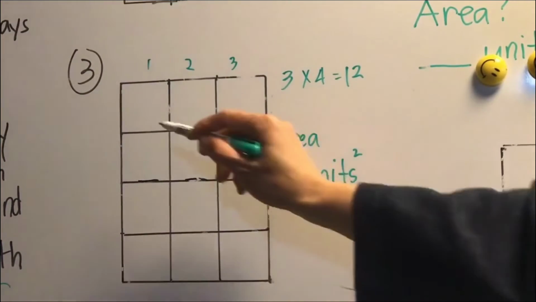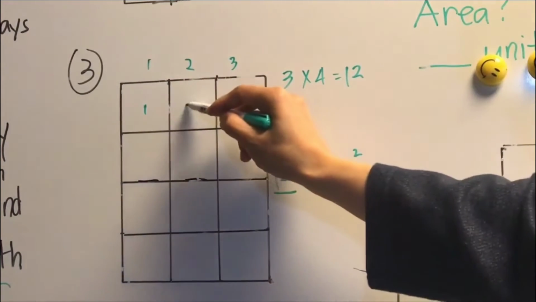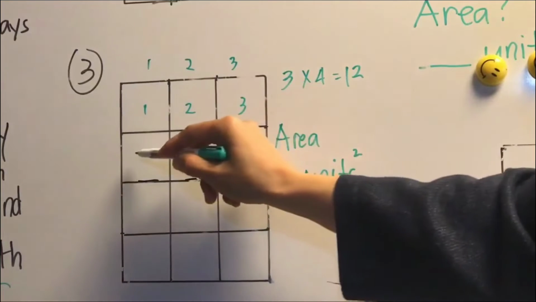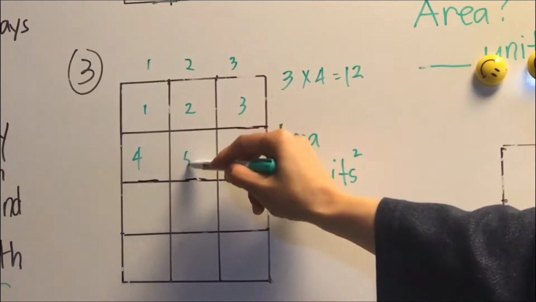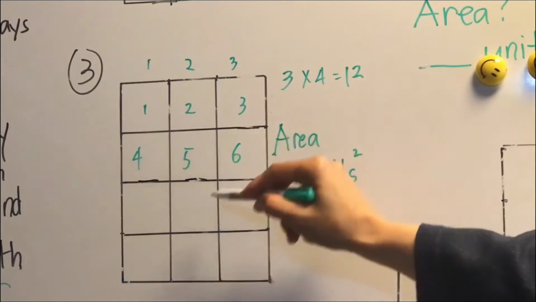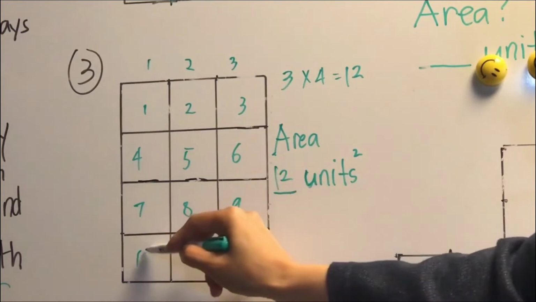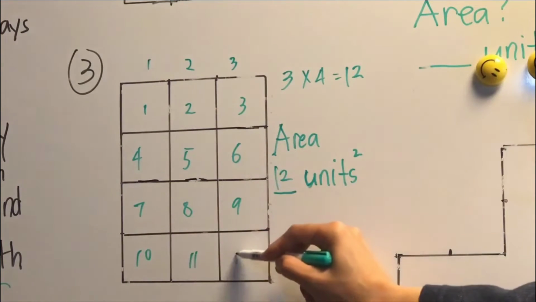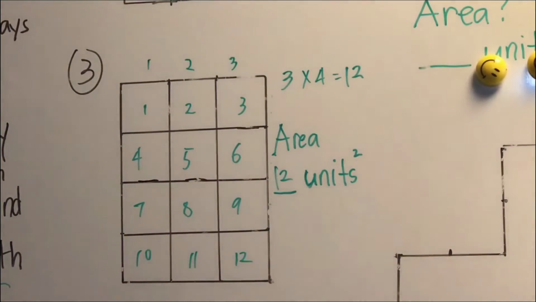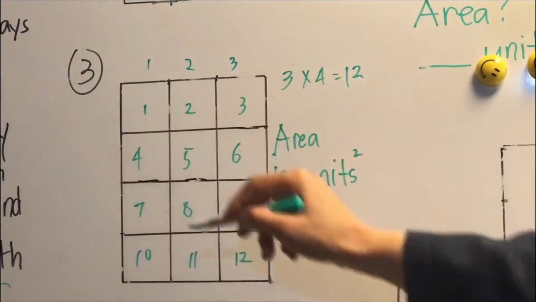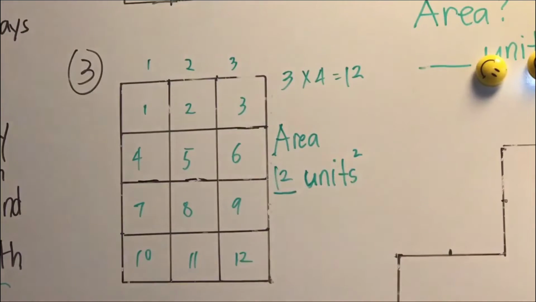Let's check. 1, 2, 3, 4, 5, 6, 7, 8, 9, 10, 11, 12. So this rectangle has 12 square units.